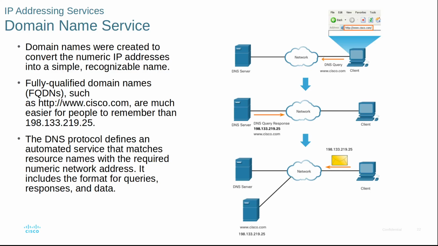So you can remember to type into a web browser cisco.com instead of that long IP address on the screen, and it's even worse with IPv6. The protocol itself defines an automated service that matches resource names with a record that has that numeric address. It also includes the format for queries, responses, and data.